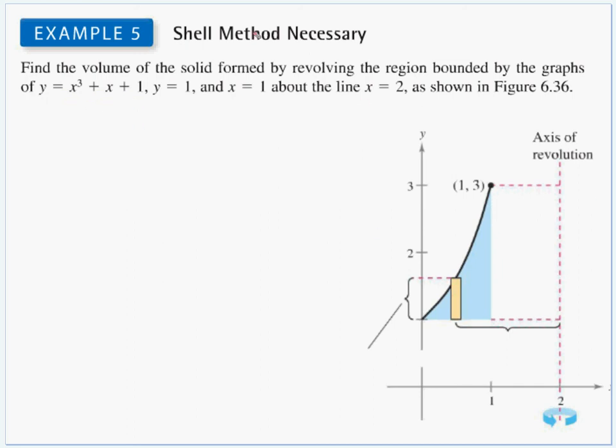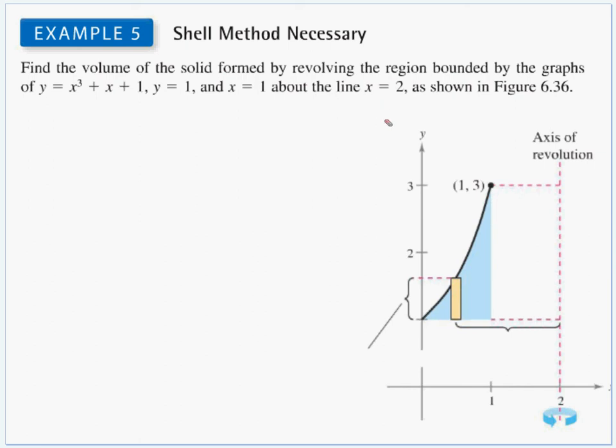So in this case, shell method is absolutely necessary. And last I knew, you will not run into one of these type problems on the AP test. Shell method is not necessary for the advanced placement AB test. It can make a more difficult integral simpler, but you're never going to have one where it's absolutely necessary.